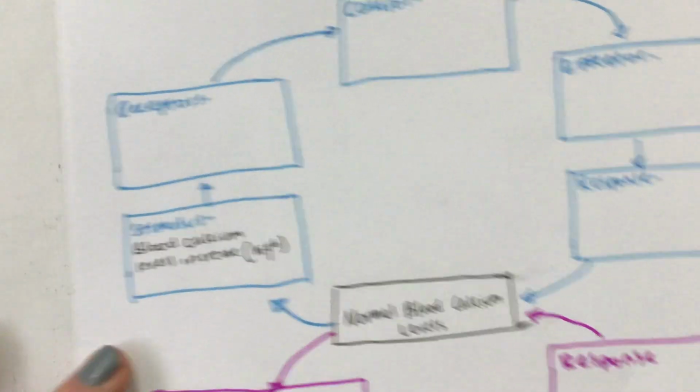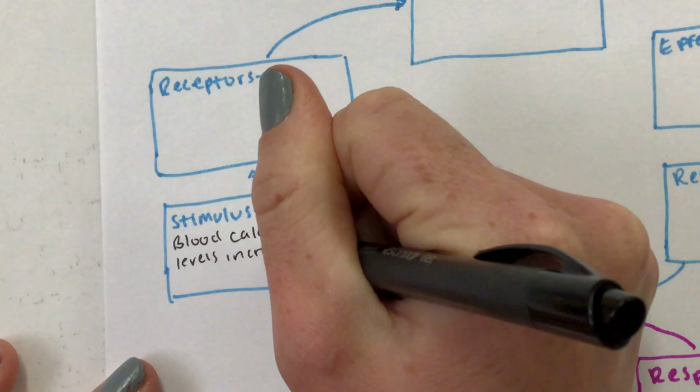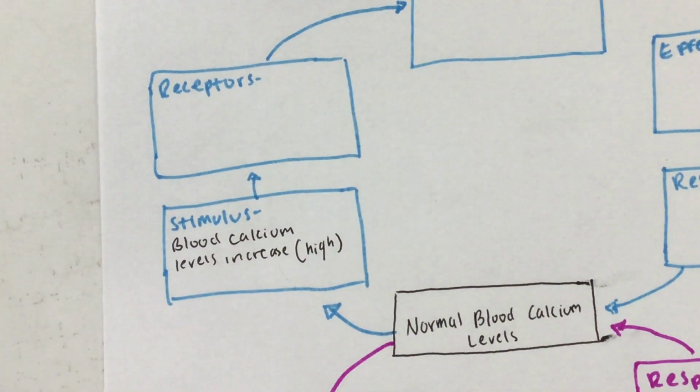Okay, and you want to think about when would blood calcium levels increase? Well, maybe we just ate a meal or drank milk, had something that was high in calcium enter our blood. We absorb all of our nutrients through our small intestine, which then sends them right into the blood, and from there they get sorted and sent different places, and so that's the first place they will go. So maybe we just ate a meal or drank something with calcium in it.